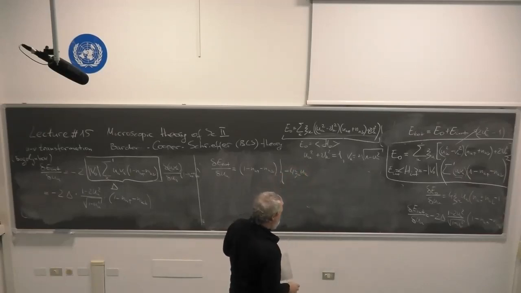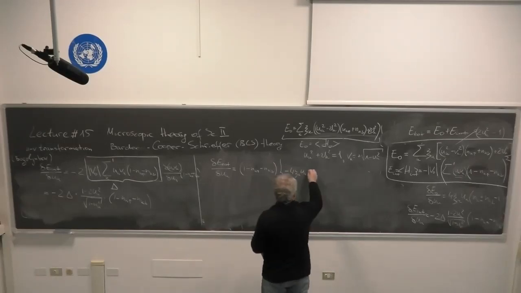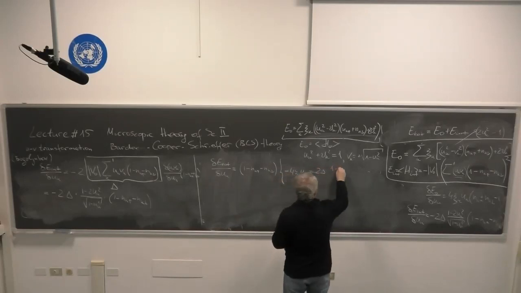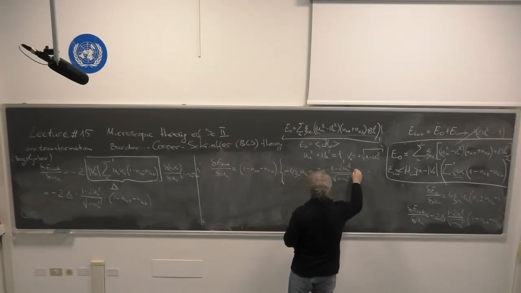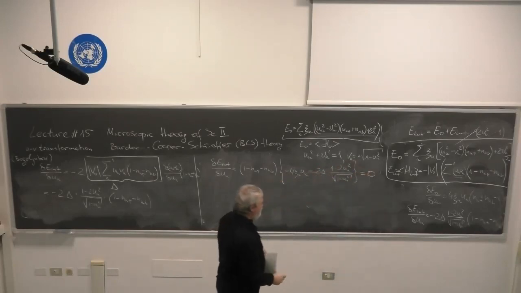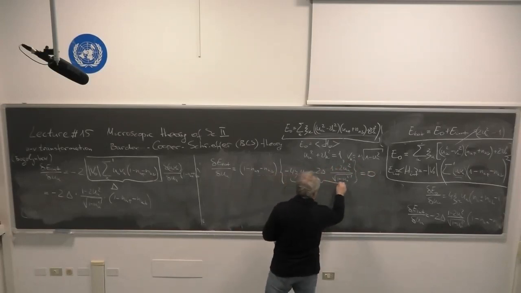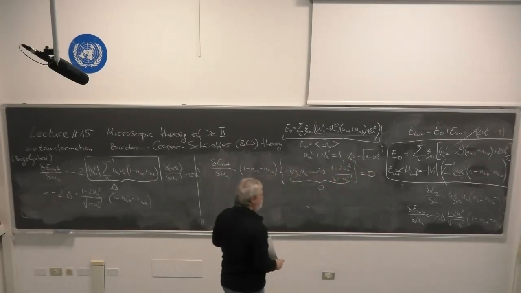From the second term, I have minus 2 Δ times (1 minus 2 u_k squared) divided by the square root of 1 minus u_k squared, and this altogether should be equal to 0. Therefore, I request that this bracket is equal to 0.